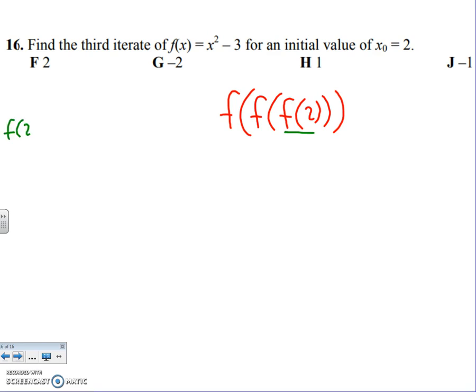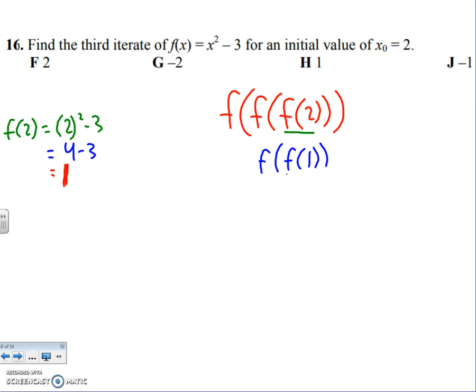So f of 2, I'll do over here, is 2 squared minus 3. So that is 4 minus 3, which is positive 1. Alright, so I'm going to replace that inside with positive 1. So now we have f of positive 1, because positive 1 is the first iterate.